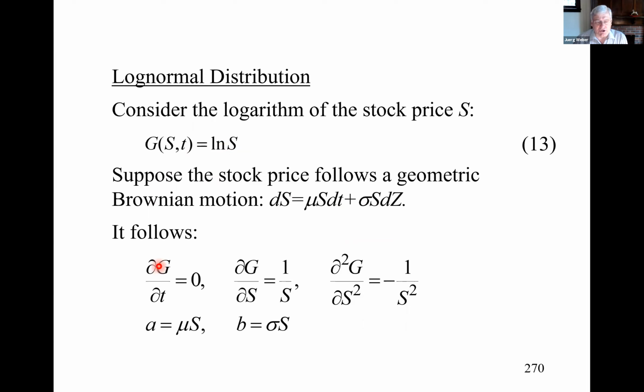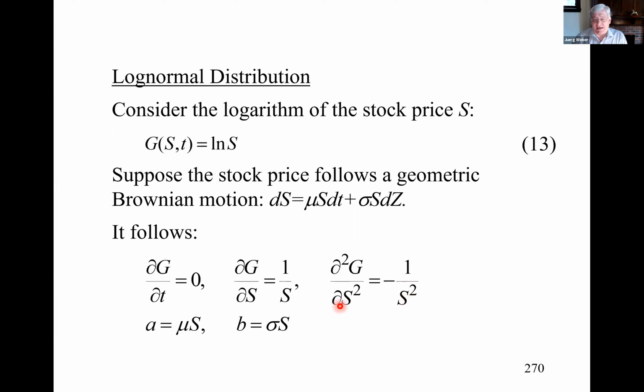So we get dg to dt is naturally 0 because time does not matter. Then dg to ds, that's just the rule of calculus for the logarithm. You just get 1 divided by s. And the second derivative gives you minus 1 divided by s squared.